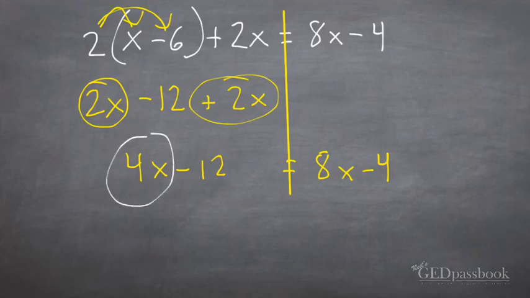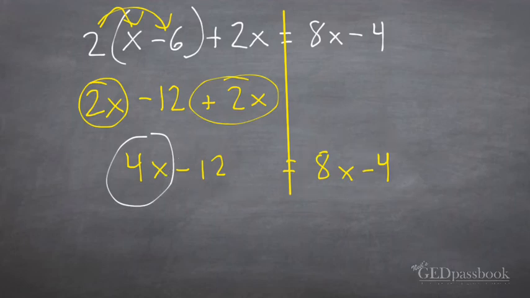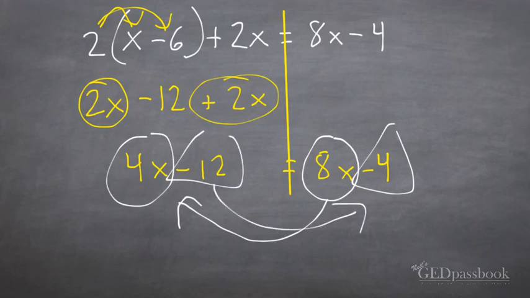This 4x here wants its buddy 8x with it. But this negative 4 here wants its buddy the negative 12. One of them are prisoners of war. This 4x says, hey, negative 4, give me my buddy 8x, bring him over here, and then I'll exchange you your little buddy, your number, and I'll throw him over to you. It's the exchange, my friends.